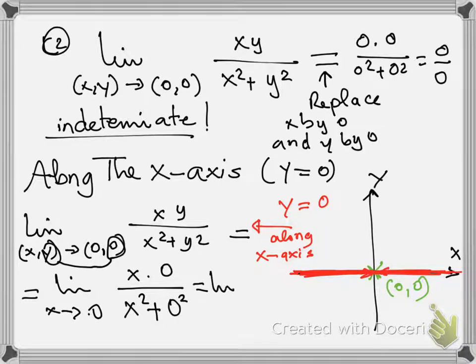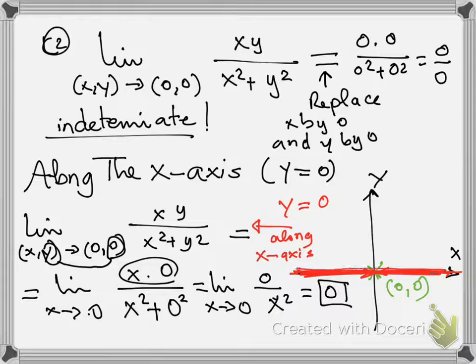So that's the limit as x goes to 0 of 0 over x squared, which is equal to 0. So the limit is 0. What I am saying is that if you approach the point (0, 0) along the x-axis, the limit is going to be 0.